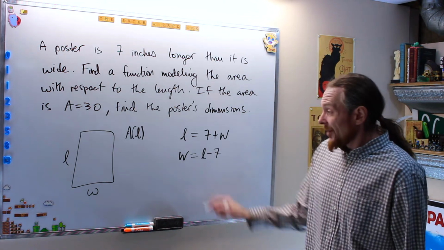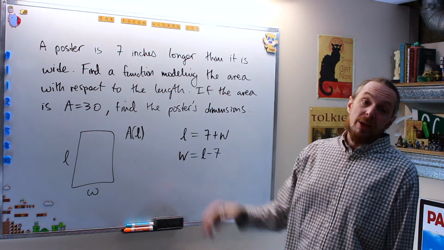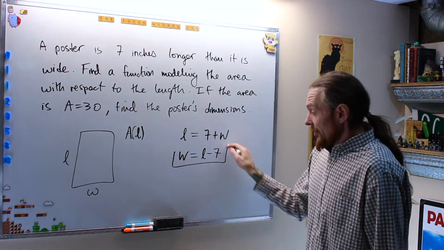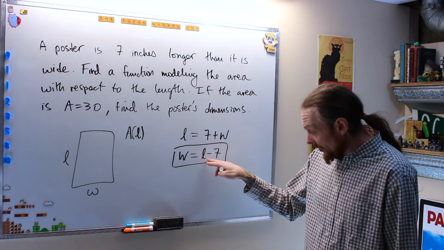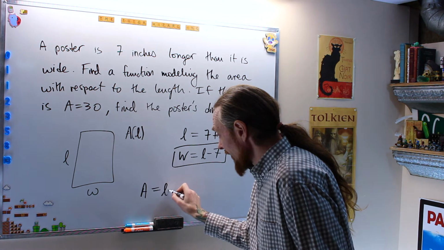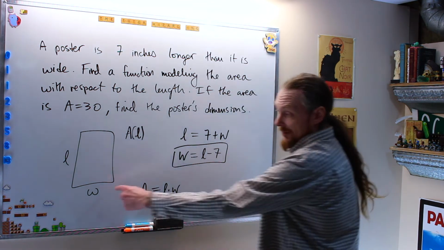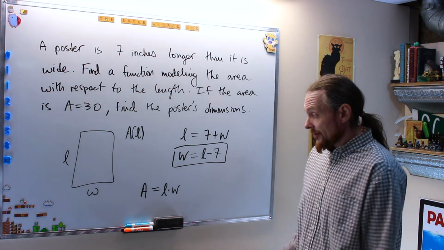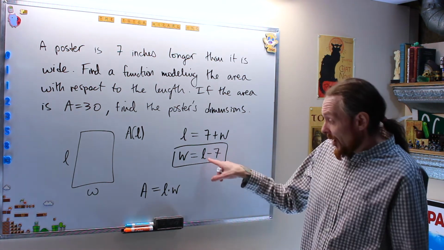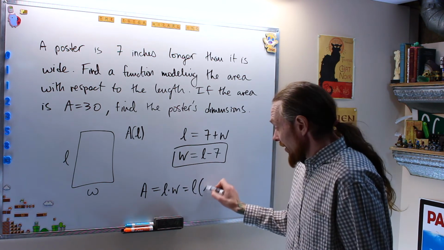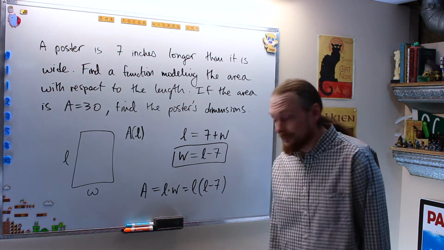Why did I do that? Because it wanted in the problem us to find the area with respect to the length. I now have W with respect to length, and I now know in general area is length times width. I get that from this picture and the formula for area, and so now I had 2 equations, and now I put this one into here, and I get length times what was width, length times (L minus 7).